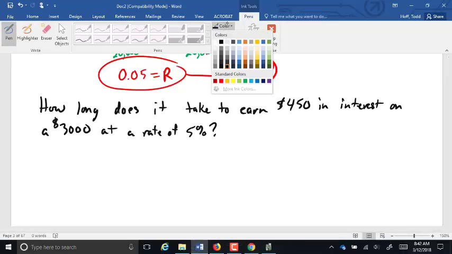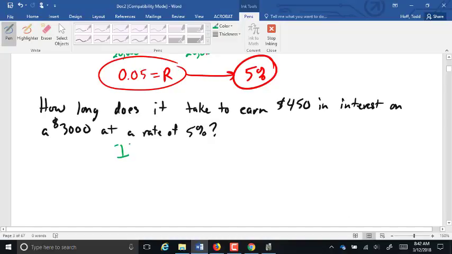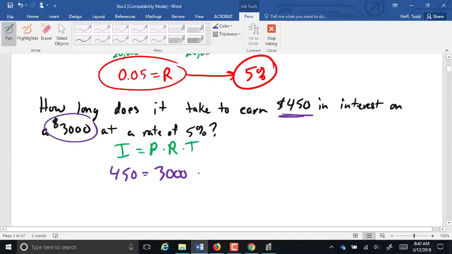Okay, so we set this up. I always tend to rewrite the formula, so I make sure I plug everything in the right spot. So I equals PRT. I is the interest of $450. P is the principal of $3,000. R is our rate, 5% becomes 0.05.